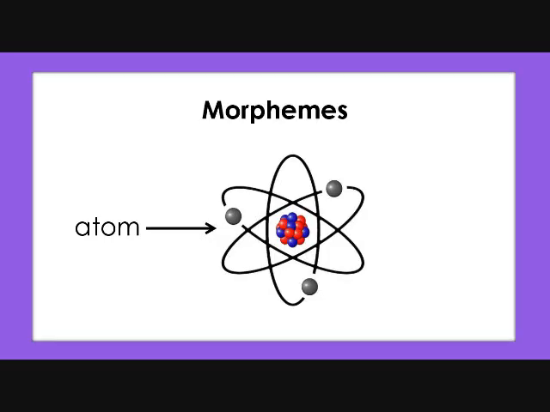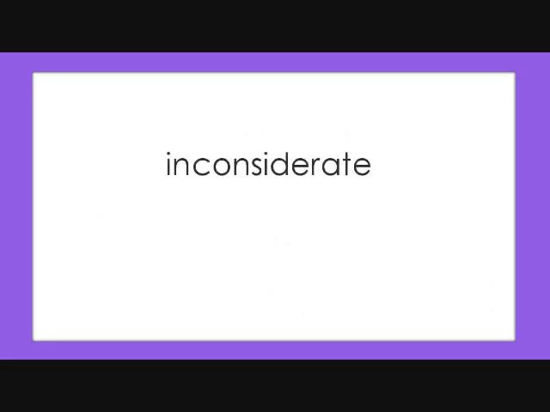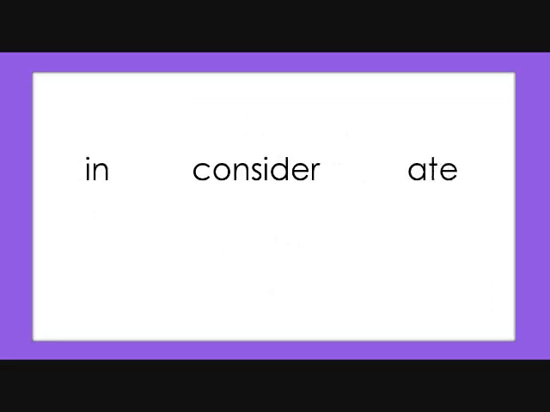Check the following word. Inconsiderate. This is one word and it has 3 morphemes. In, consider, and ate. You cannot divide any of these 3 morphemes without losing their sense. You may say, well, I can divide consider in syllables. Con-sider. And then into letters.